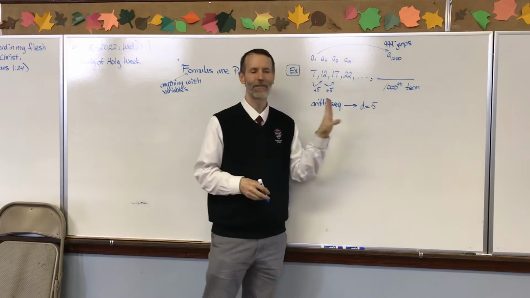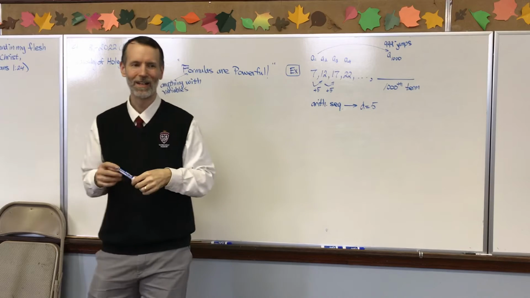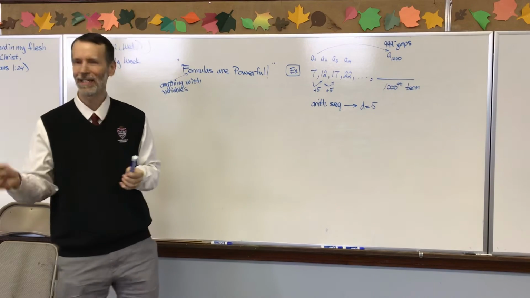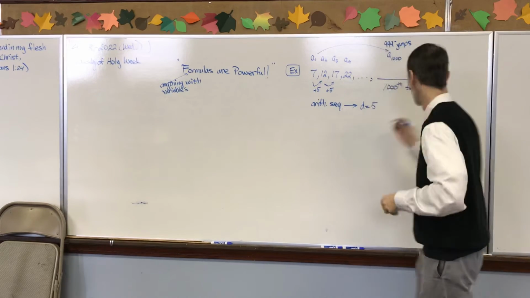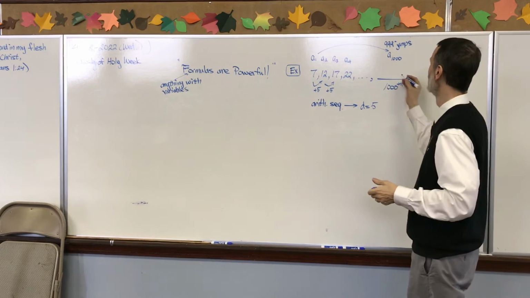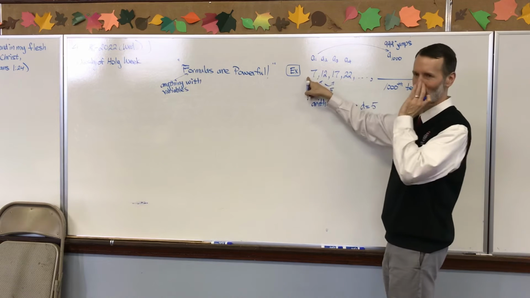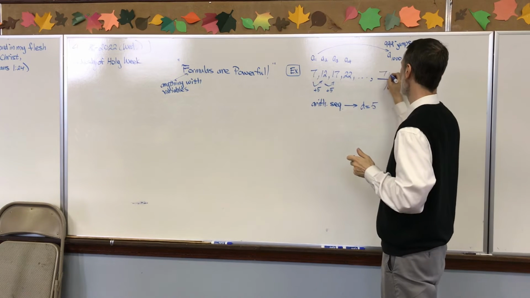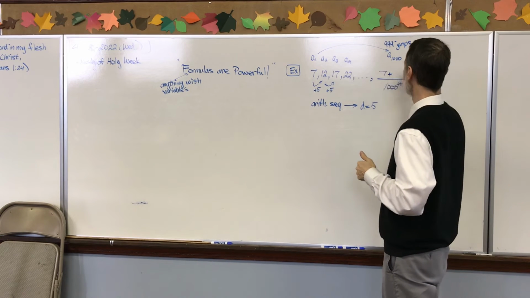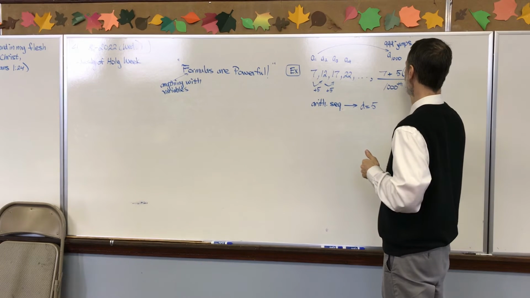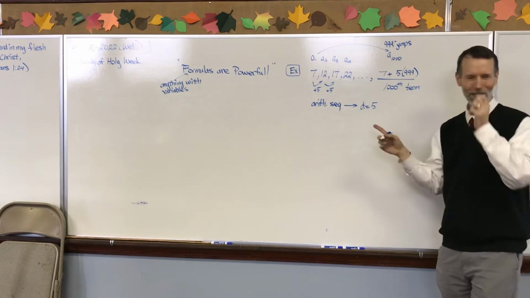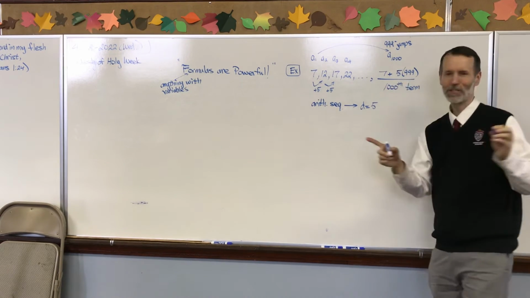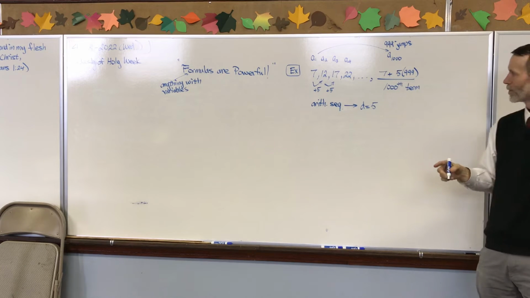They're going to add 5 how many times? 999 times. Is there a fast way to do that? 999 times 5. Now you have to start with the number you started with: 7 plus 5 times 999. Go ahead and multiply that.